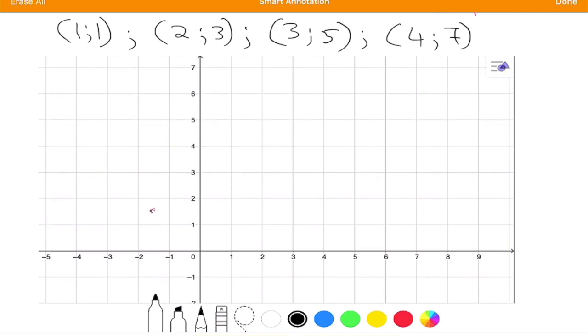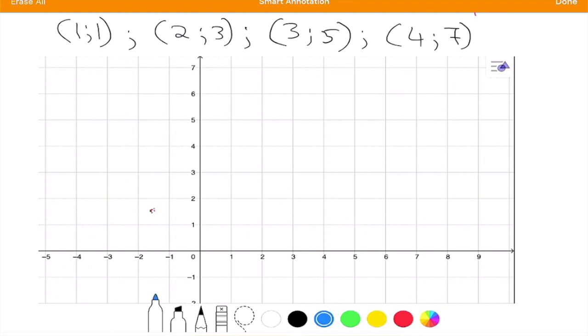Right. We always start from the origin. This point here, 0, 0, is called the origin. And that means if you want to know where point 1, 1 is, you will need to move from that point 0, 0. You move 1 along the x, followed by 1 along the y.